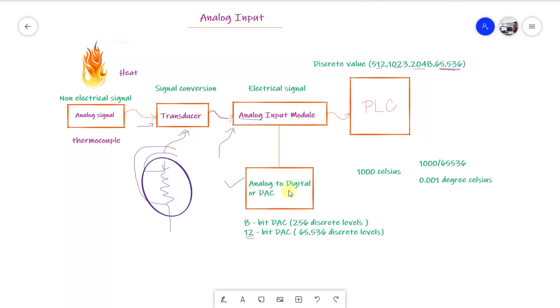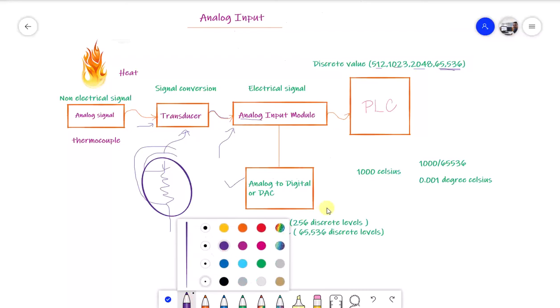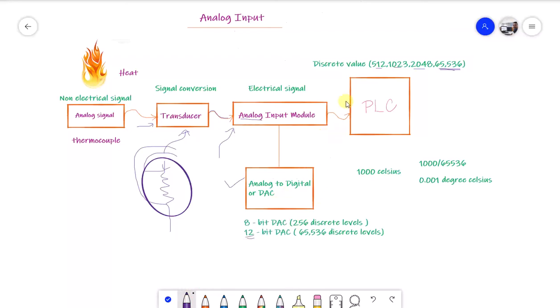The converter converts the analog value to digital, which you can then feed to the PLC. The PLC will read this value in the form of pulses, like 256, 512, 1023, 2048, 65,536.